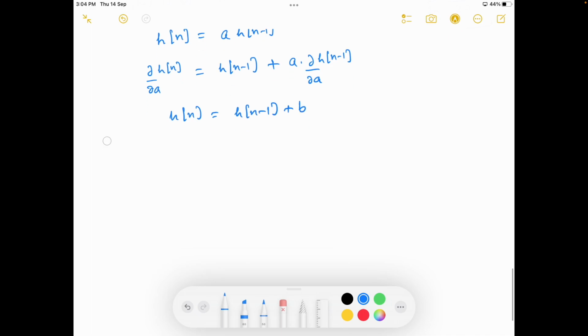Now write down what is the derivative of h with respect to b. This will be equal to what? 1 plus the derivative of h of n minus 1. The same thing, no? Whatever the function is, we say that assume h n minus 1 is a constant and then take the derivative.